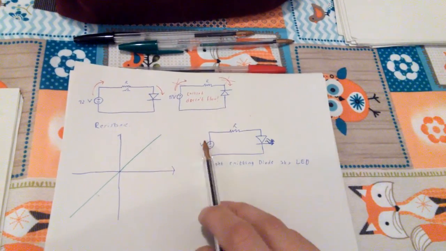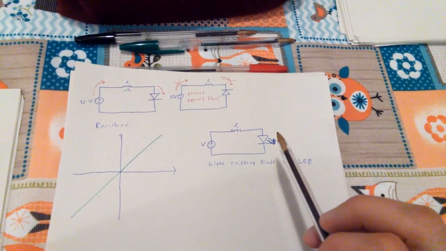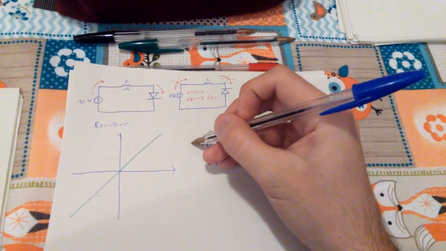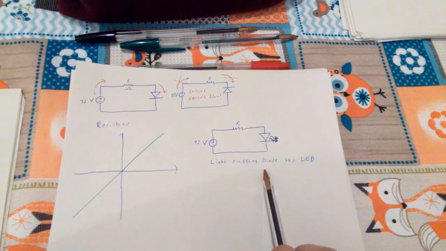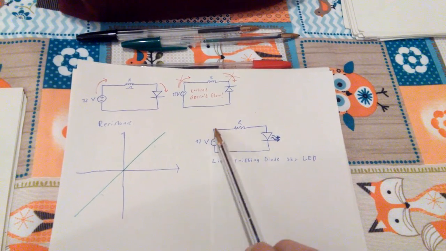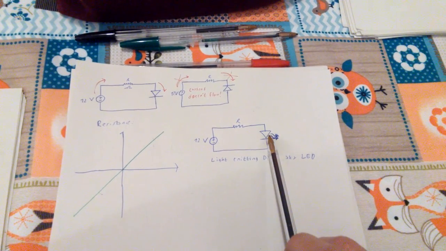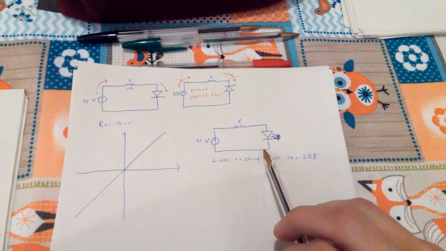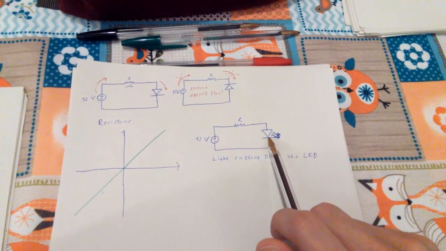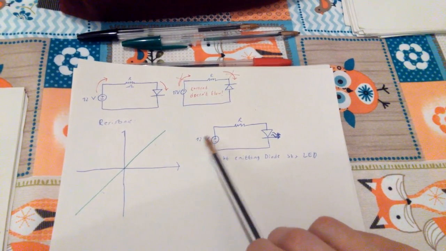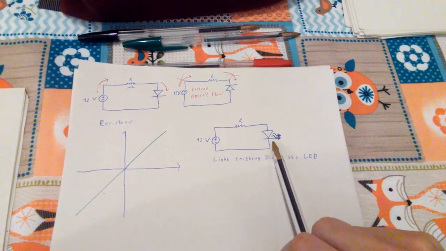For instance, you have a source with a certain amount of volts, perhaps 12 volts. This is a light emitting diode, so whenever current flows through it, the diode is going to emit visible light. But you don't want to burn it, because getting all the 12 volts straight to it will probably burn it.